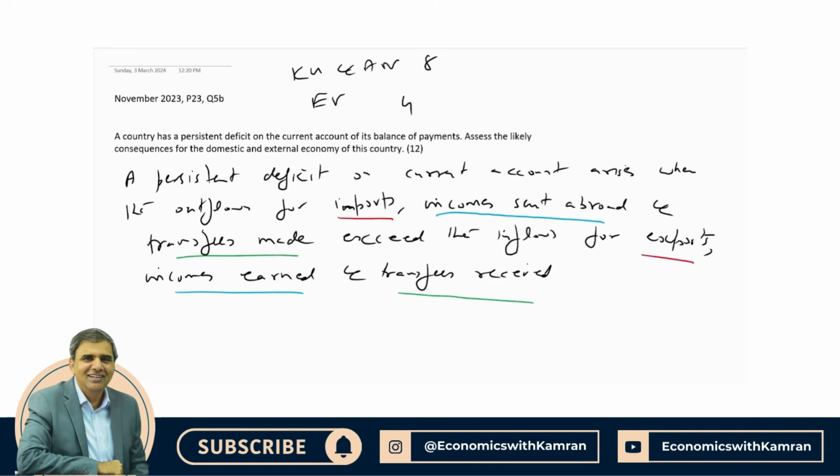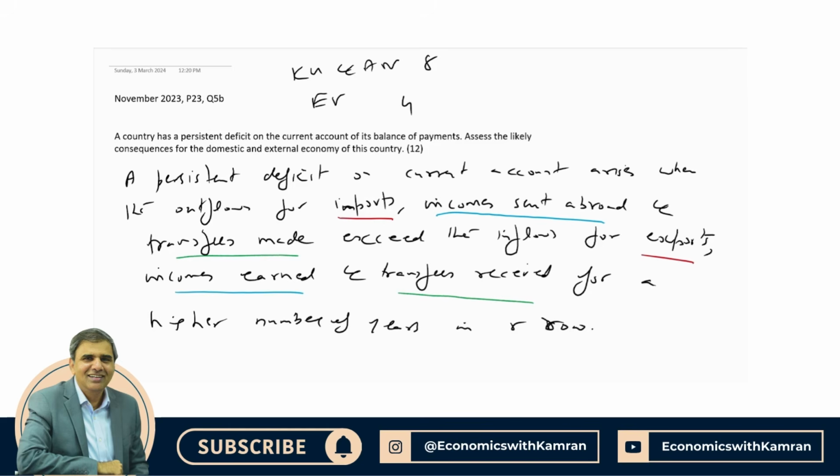So a persistent deficit in a current account is when outflows exceed inflows for a high number of years in a row, or continuously. So this is a persistent current account deficit.